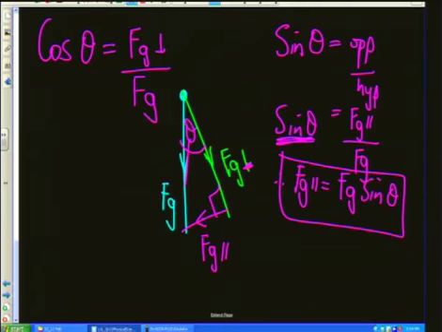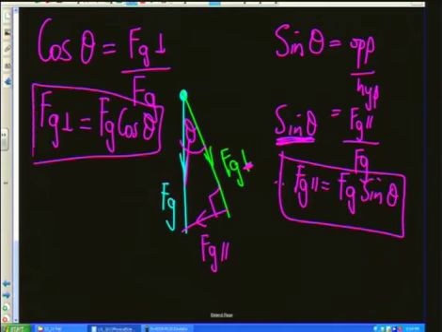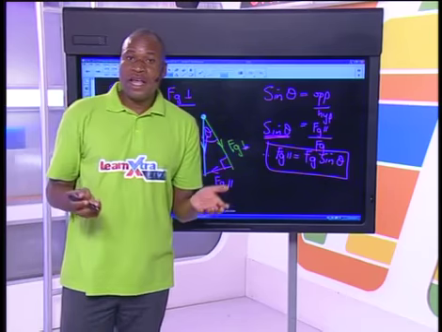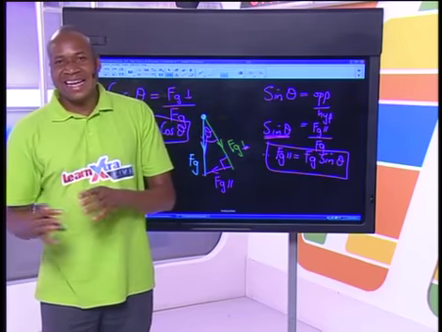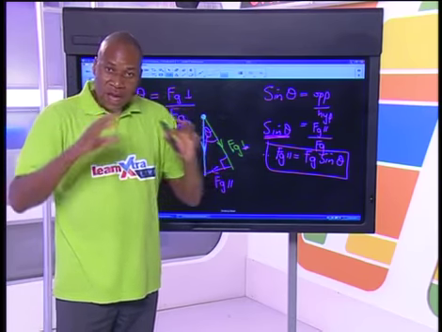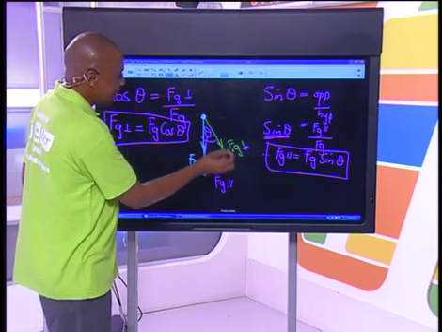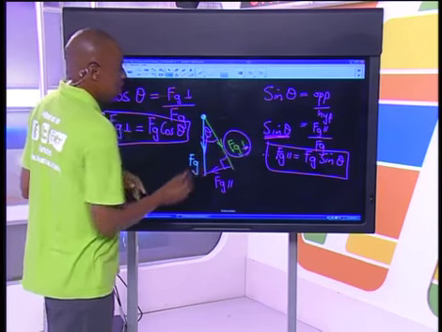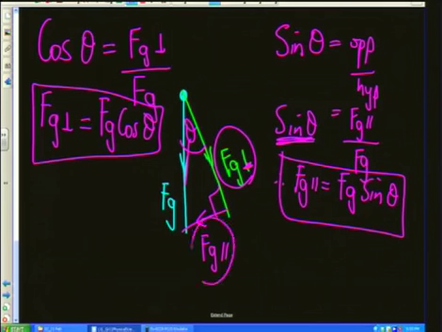So Fg perpendicular is given by Fg times the cos of the angle theta. And that is where the cos and the sine come from. It is all from your trig ratios, and therefore working out what the other sides are. One side is Fg perpendicular, the other side is Fg parallel.